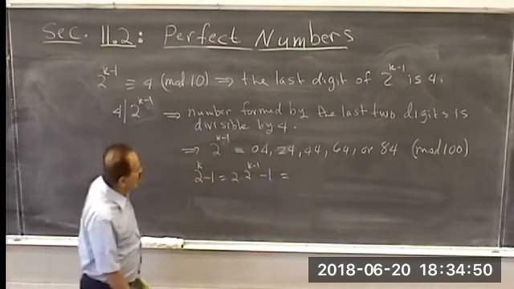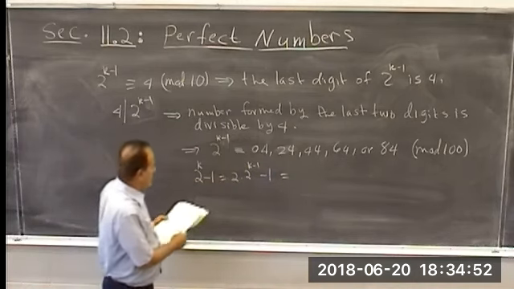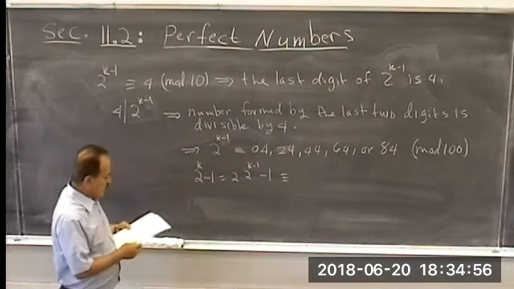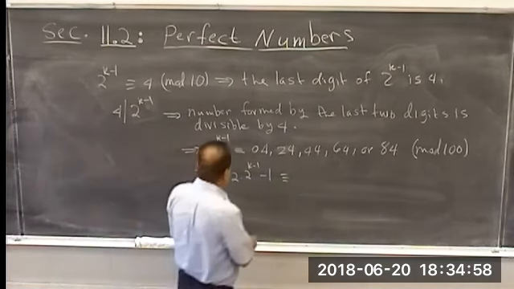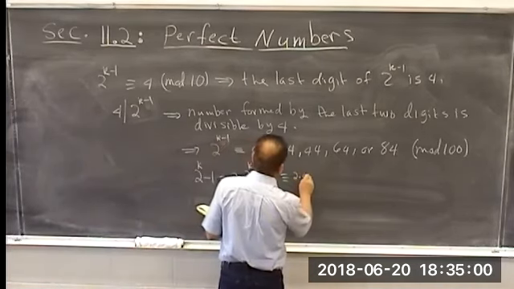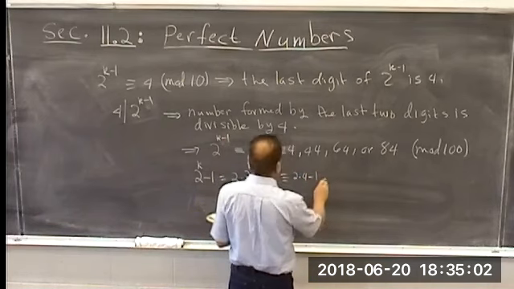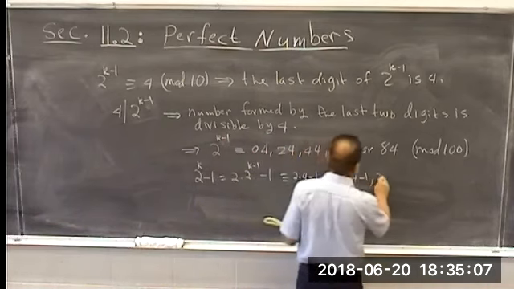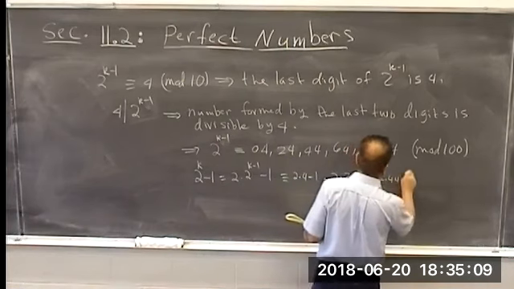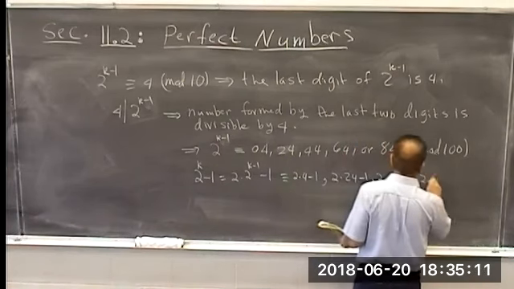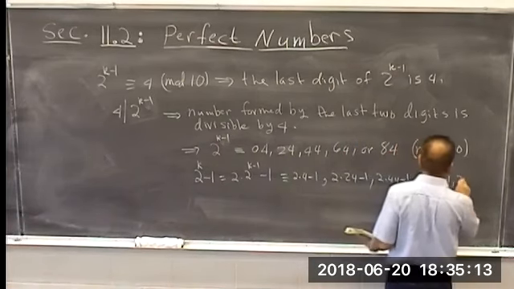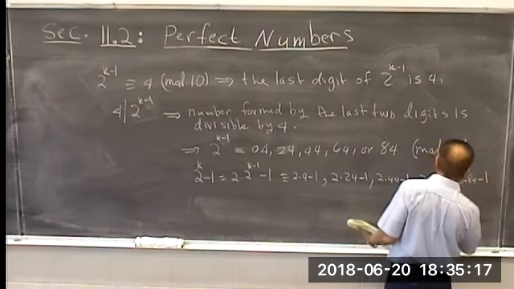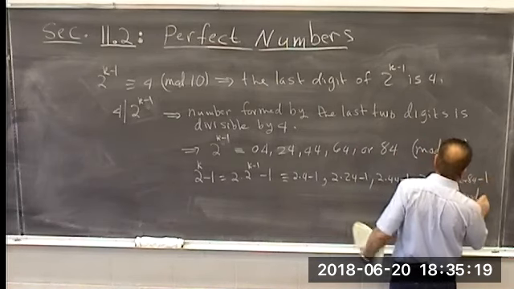And if I write them mod 100, this is going to be 2 times 4 minus 1, or 2 times 24 minus 1, or 2 times 44 minus 1, 2 times 64 minus 1, and 2 times 84 minus 1, mod 100.